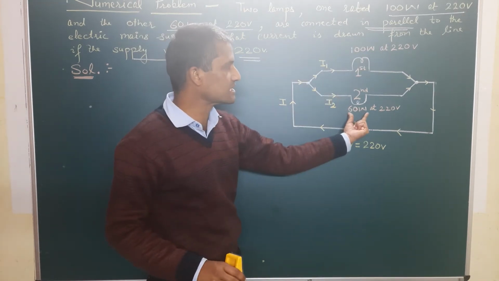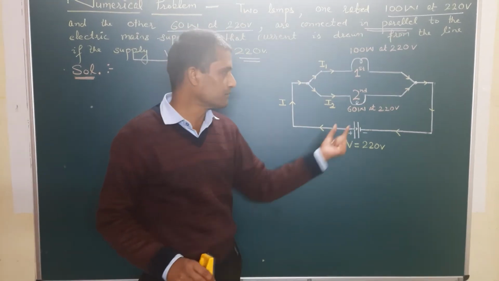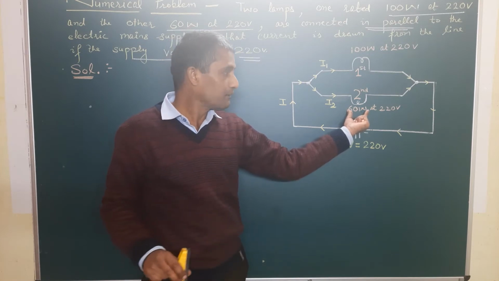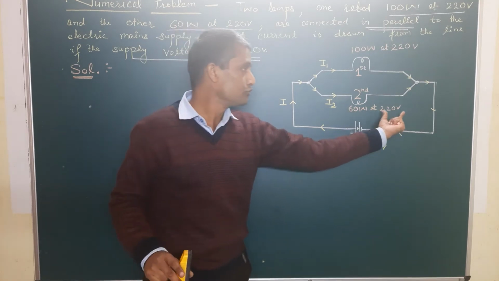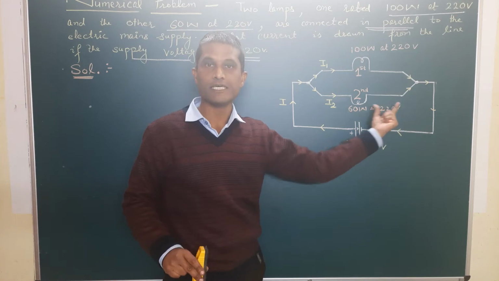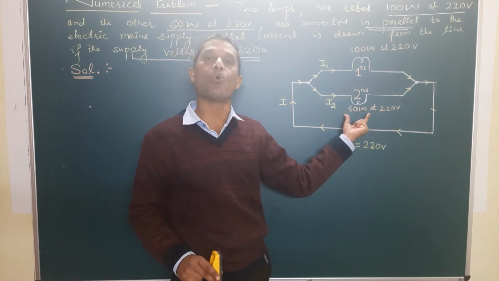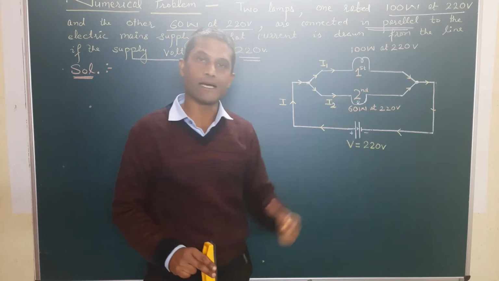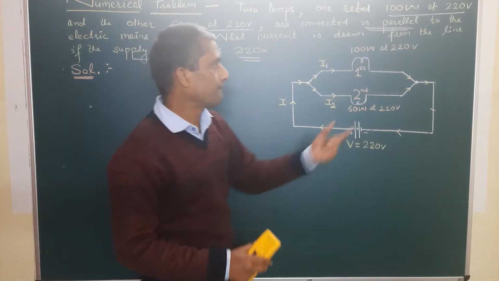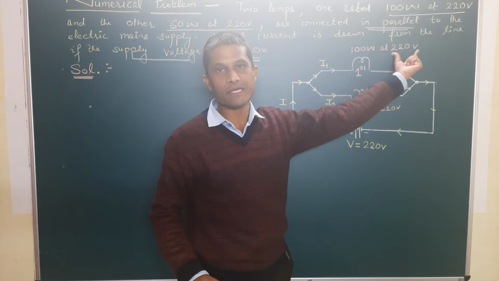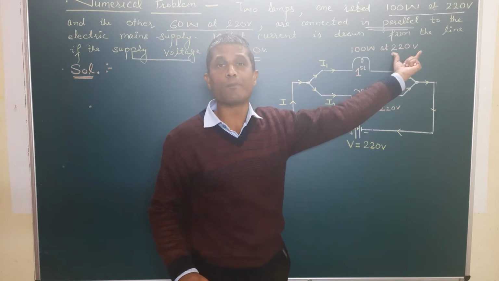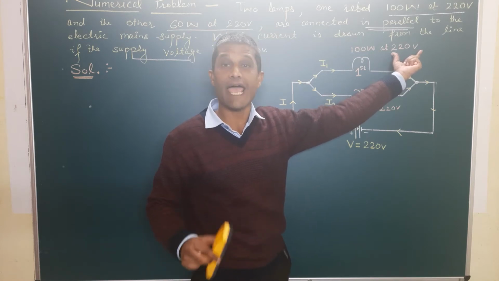Another bulb is 60 watt at 220 volt. It means when this bulb is subjected to 220 volt potential difference, it will release 60 joule of energy in 1 second. Remember, the voltage given in the power rating is not the operating voltage. It is not the actual voltage.